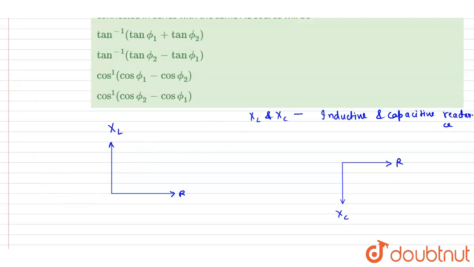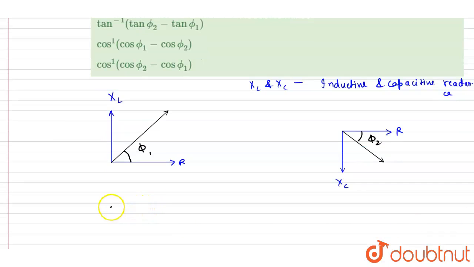So if you see here, if I talk about the phi 1 and phi 2, it is said that this angle here is phi 1 and this angle here is phi 2. Right.